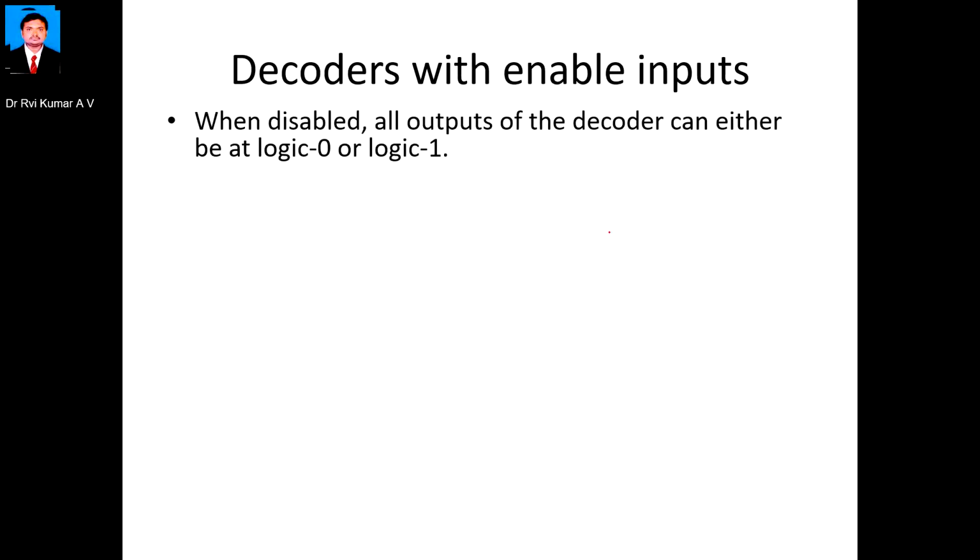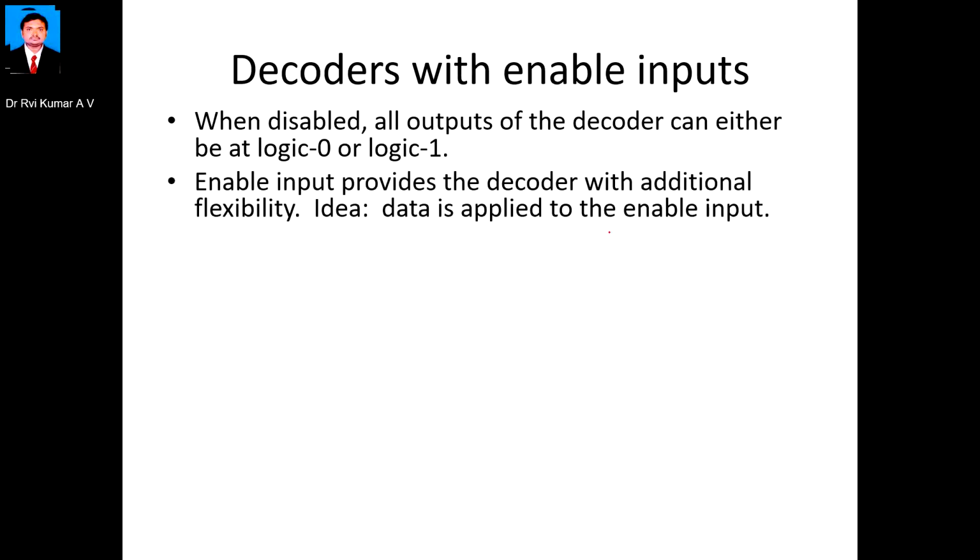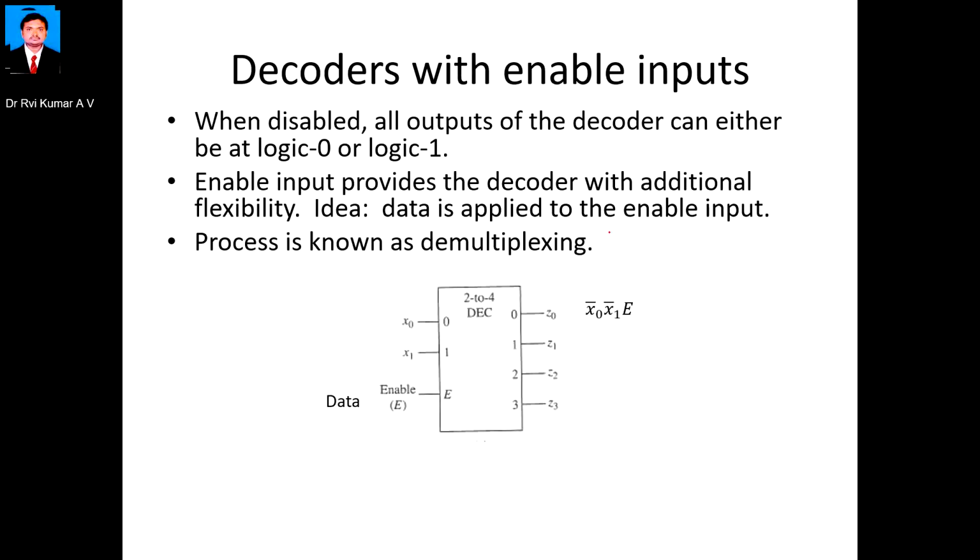When disabled, all outputs of the decoder can be either logic 0 or logic 1. The enable input provides the decoder with additional flexibility. The idea is that data is applied to the enable input. That process, whatever enabling process, we call demultiplexing. As we know, the 2 to 4 decoder works with active high.